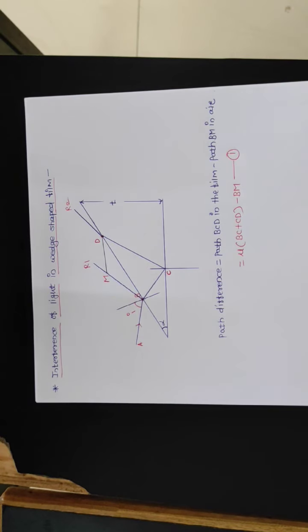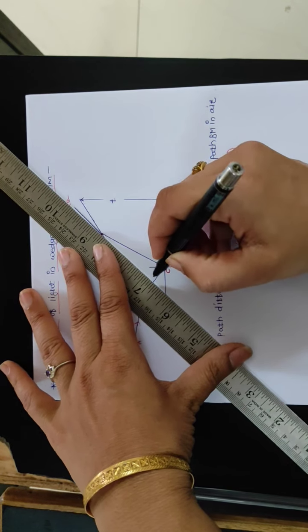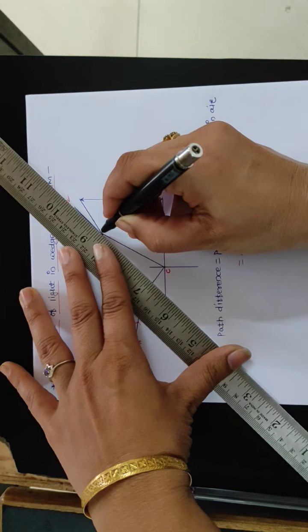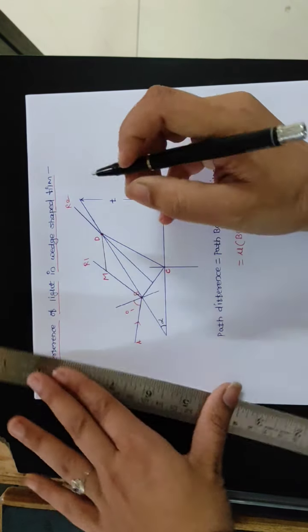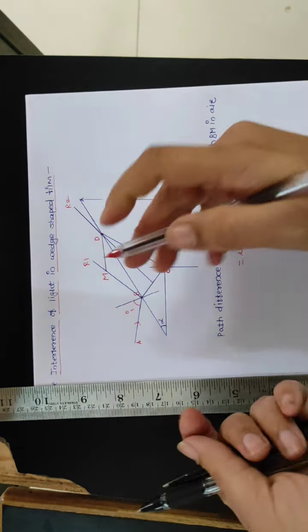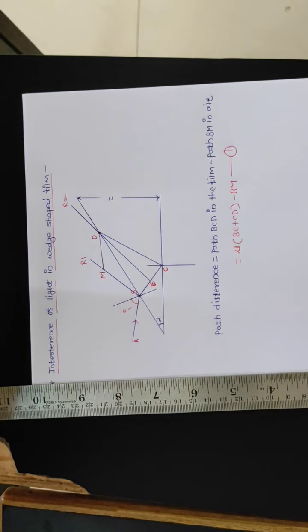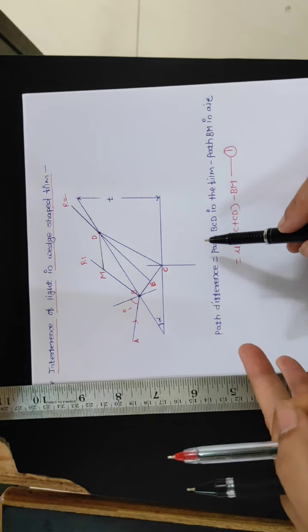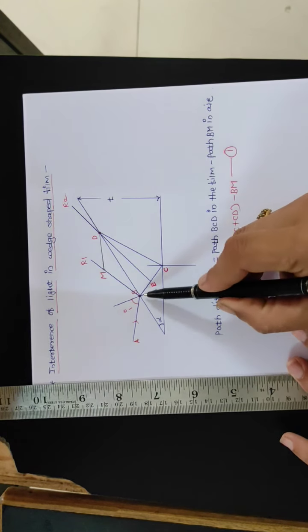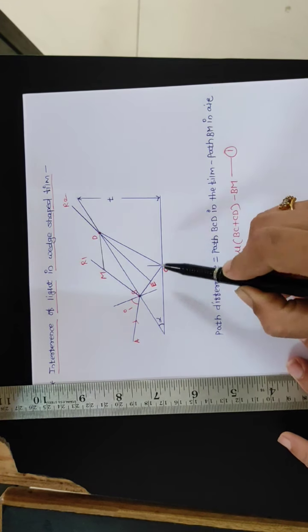Now again here draw a perpendicular and name it E. Now again if we see this figure, it is observed that instead of BC we have taken BE plus EC.